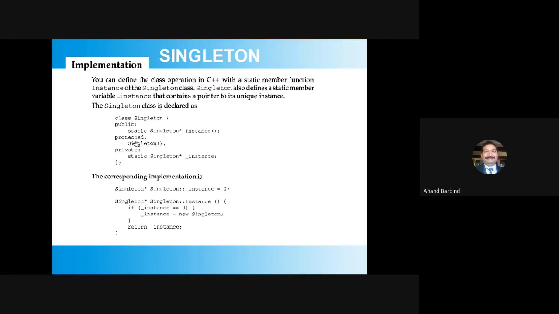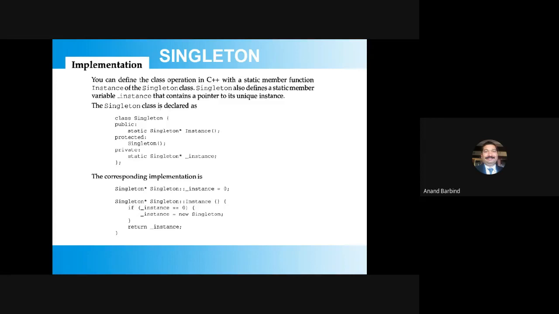If the constructor is not public, you do not have access to the constructor of that class, and if you do not have access to the constructor, you cannot create the objects of that particular class. If you make the constructor private, you cannot create the objects of that class from outside that class.